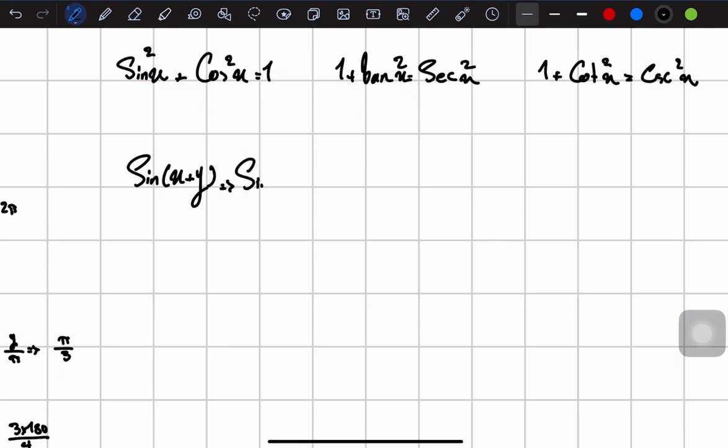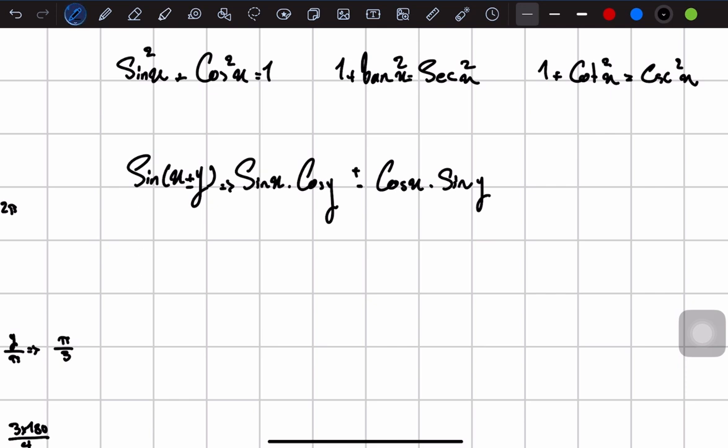It says sine of x times cosine of y, plus minus cosine of x times sine of y. I'll give an example of this one because I explained it badly.